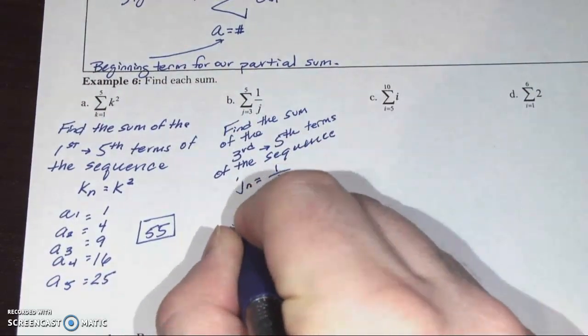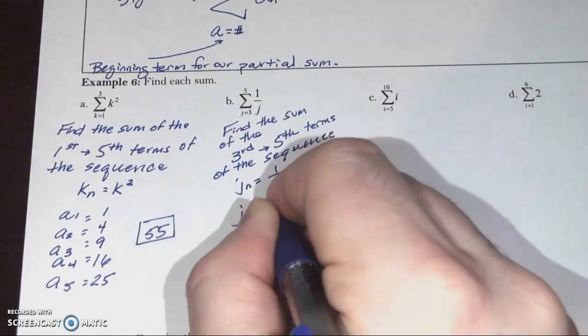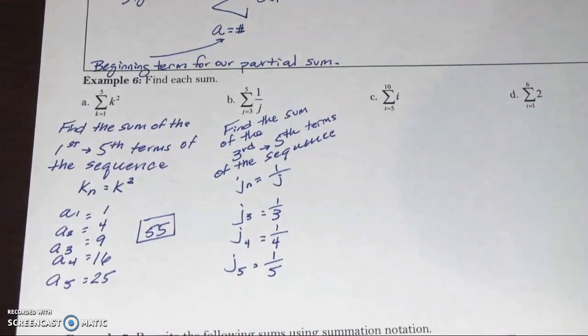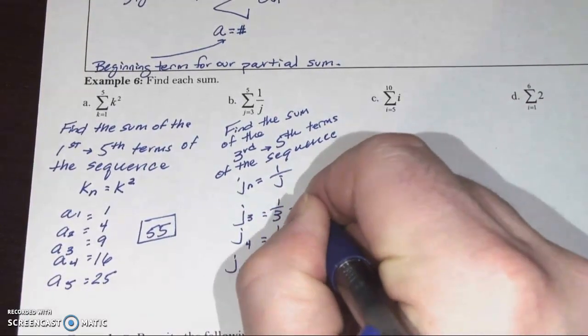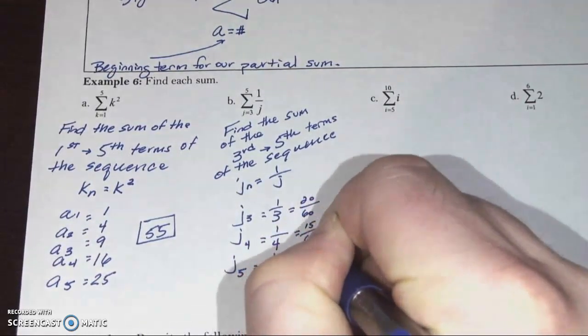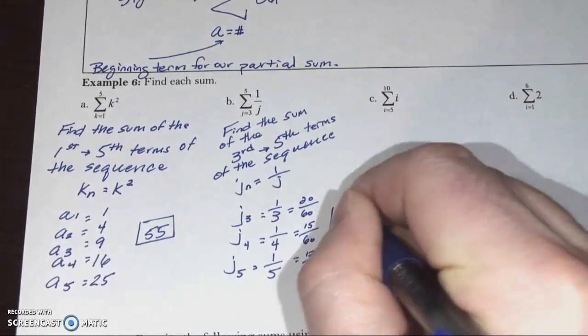So the third term, the fourth term, and the fifth term. Let's find them. 1 over 3, 1 over 4, 1 over 5. We need to add those up and get common denominator. I think we need to turn it into a denominator of 60. So that's 20 over 60, that's 15 over 60, that's 12 over 60, and we get 47 over 60 total.